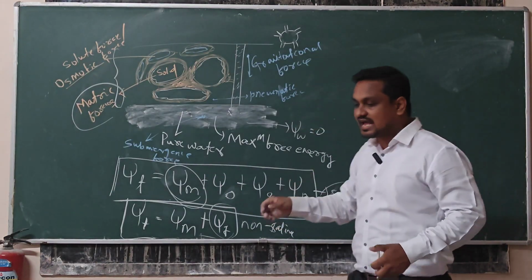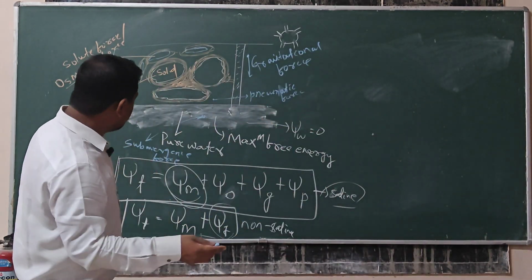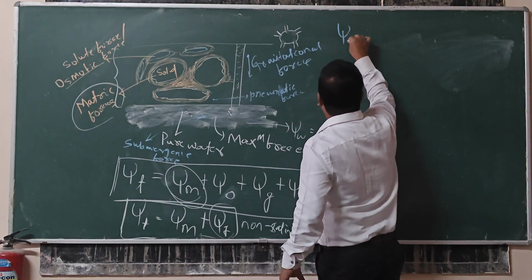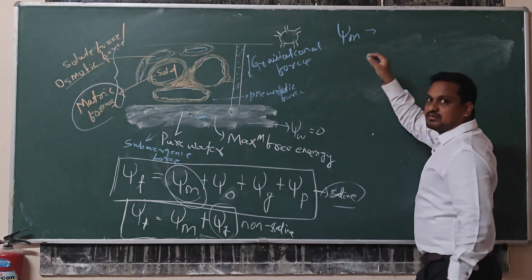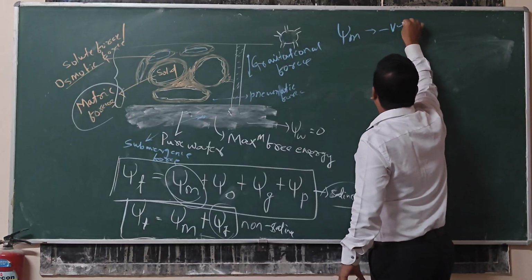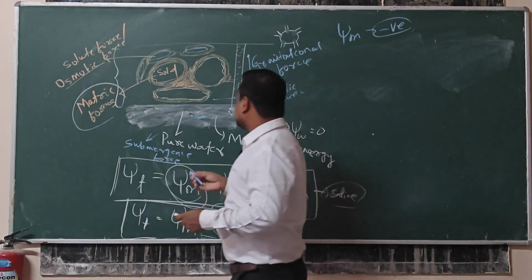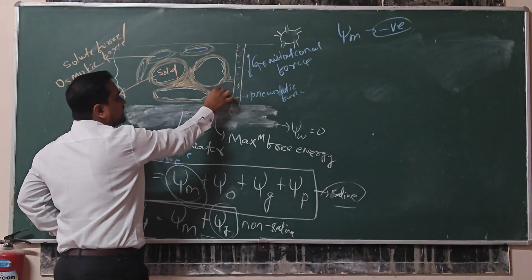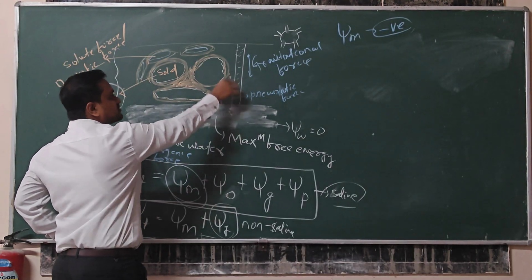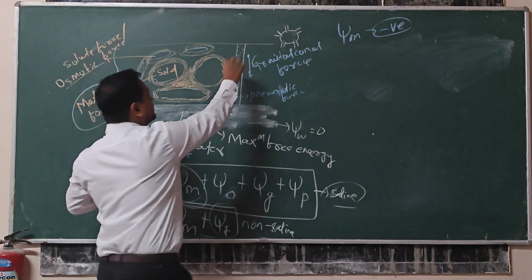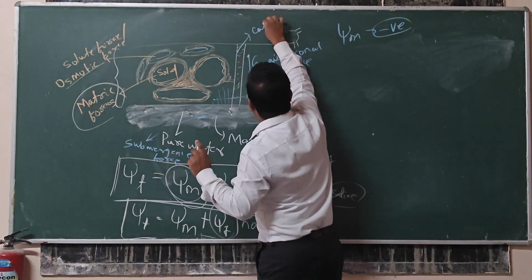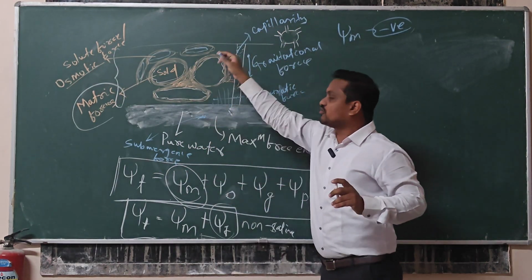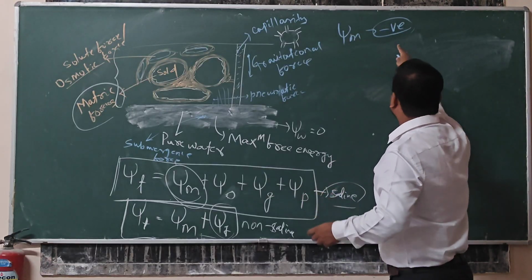If you assign some signs, I can say matric potential will be assigned a negative sign. As you can see here, the potential was highest, and by water entering through this force, capillarity, the potential is reduced.